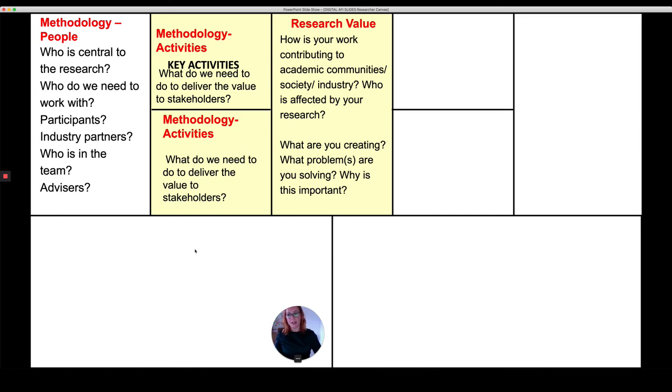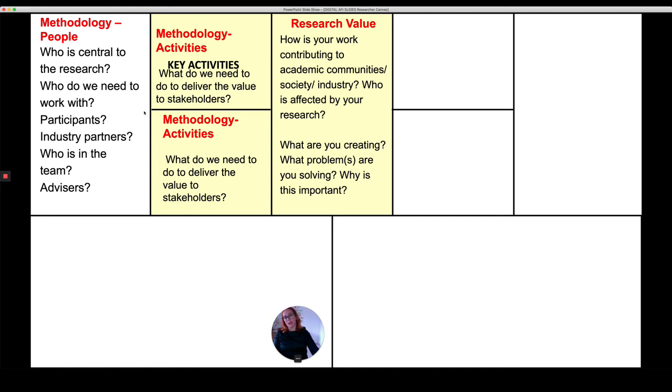Flipping that onto the left-hand side, key activities. Okay, what do we need to deliver the value to stakeholders? What resources do we need to deliver the value to stakeholders? And who is central to this? So do we need particular participants to make this happen?